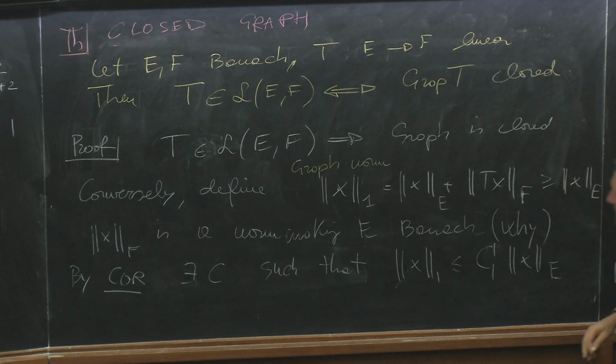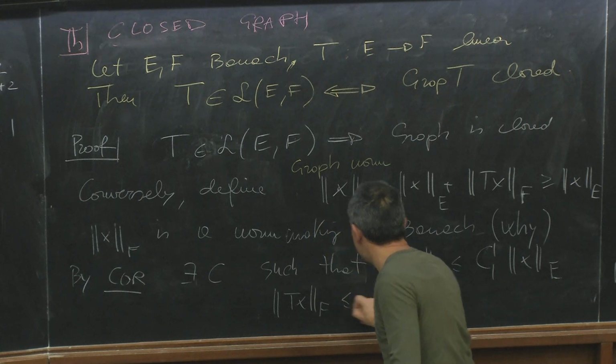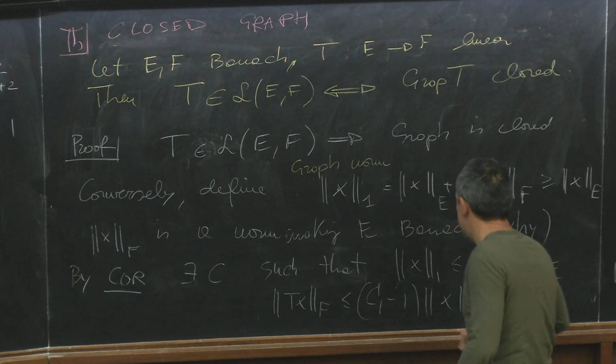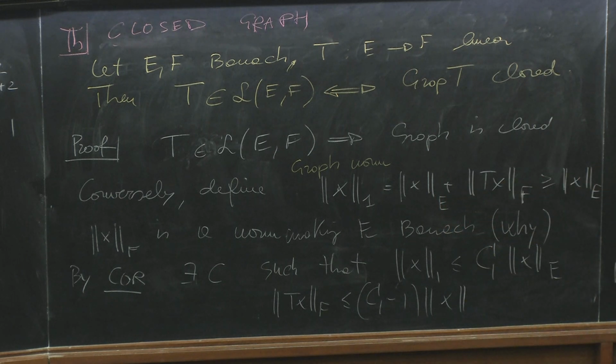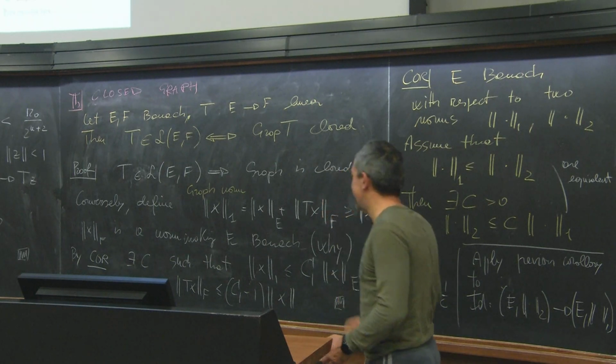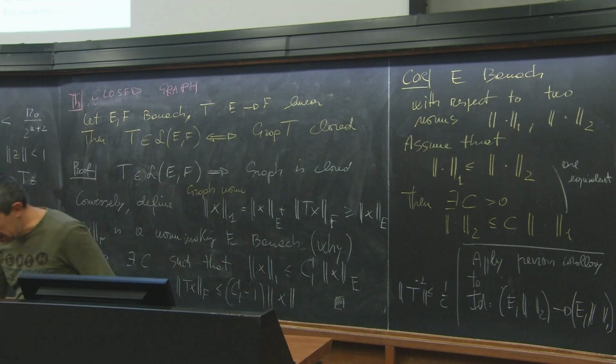Okay, let's replace the stuff. So you get the norm of Tx is at most C minus 1 times the norm of x. Okay, which means it is bounded.